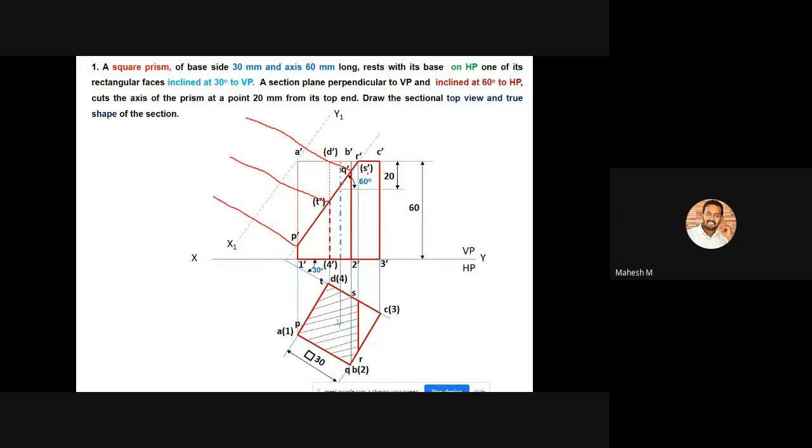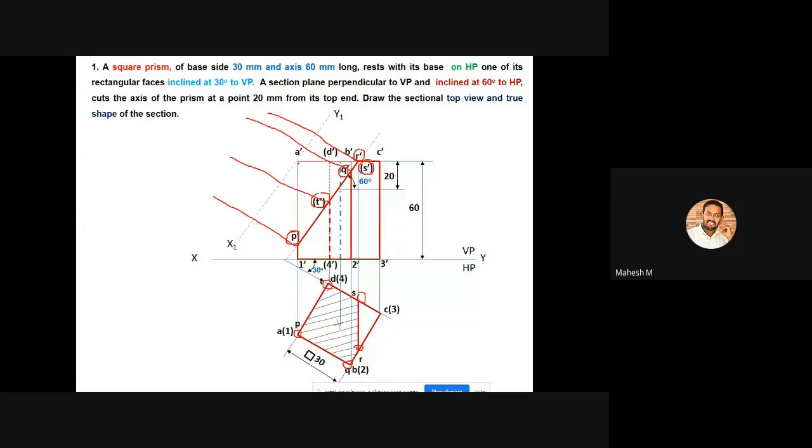So we have 5 cutting points: one is P, another is Q, this one is R, this one is S, and this one is T. Similar to that, you have 5 notations on the front view: P dash, T dash, Q dash, R dash, and S dash. So now we have 4 perpendicular lines.